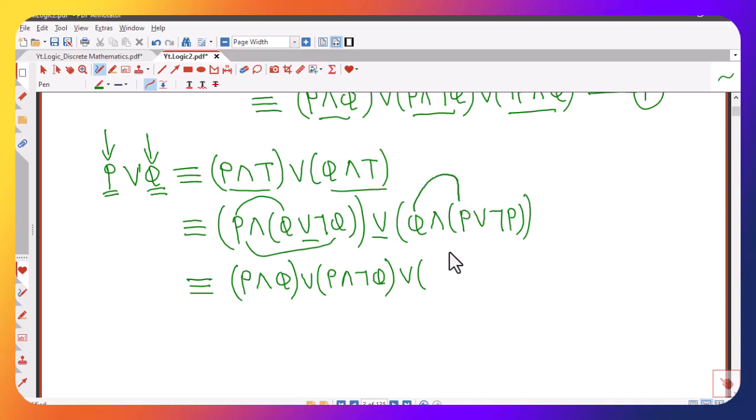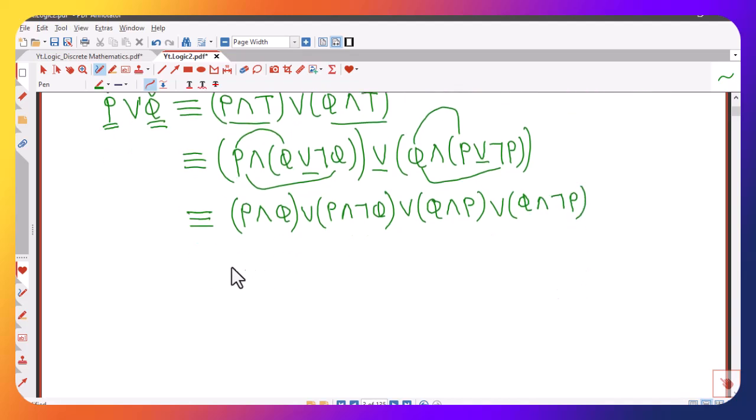Here also distributive law applies, Q and P, OR operator, then Q and negation P. And I will check whether any min term is repeating. You can see here I have P and Q, here I have Q and P, and using commutative law this I can rewrite as P and Q.